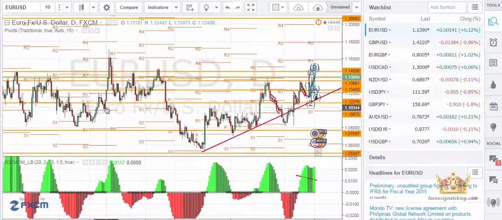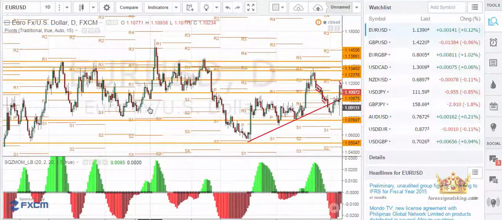We have, they try to call it a fade out break, which is a false breakout.